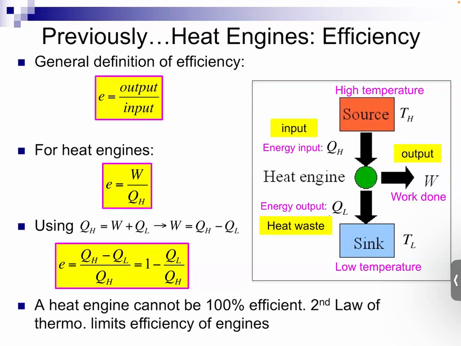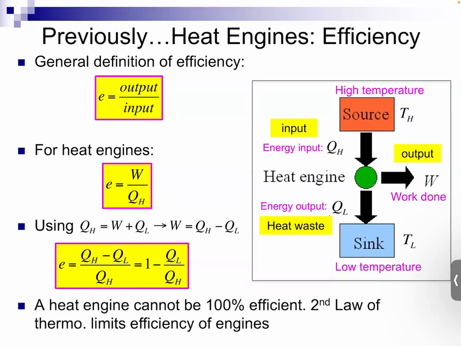And yesterday we learned how to calculate the efficiency of the heat engine, efficiency being defined as output over input. The output of the heat engine is the work that it does, and the input is the energy that it draws from the hot source or hot reservoir. And so the efficiency is work over the energy acquired from the hot, which is the subscript H reservoir.